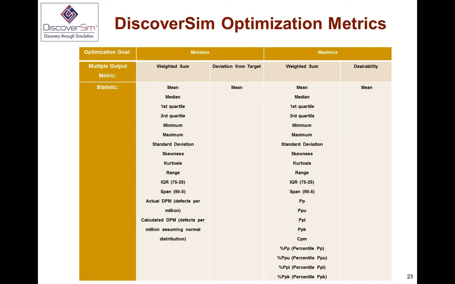So there are lots of different choices here. In the case studies that we're going to look at, typically we'll maximize the mean, but sometimes we want to maximize the process capability because we don't just want to maximize the mean, we also want to minimize the variation.